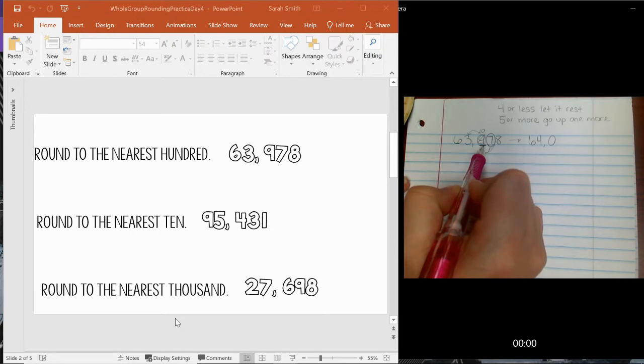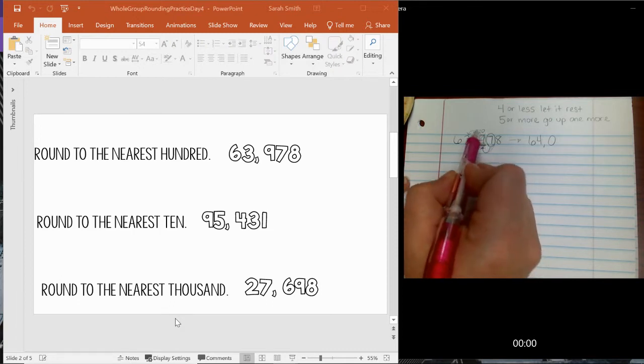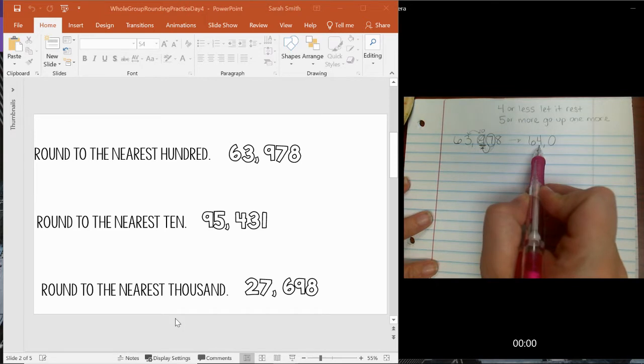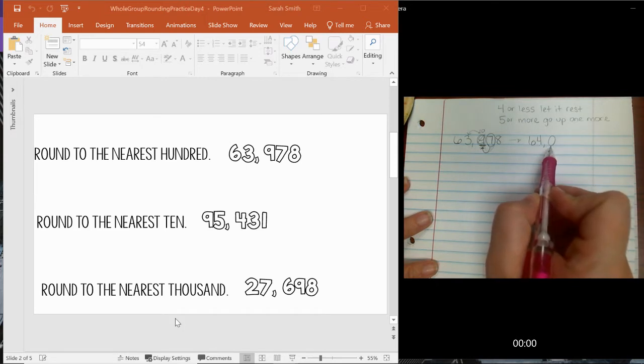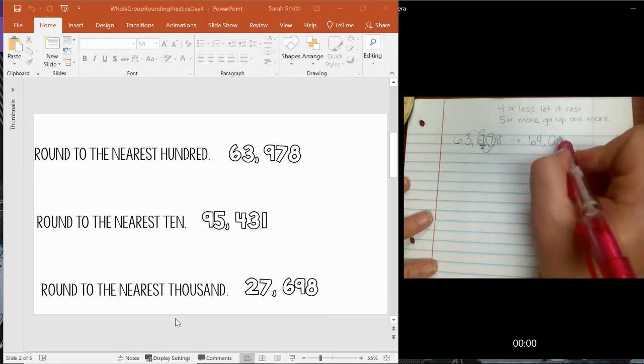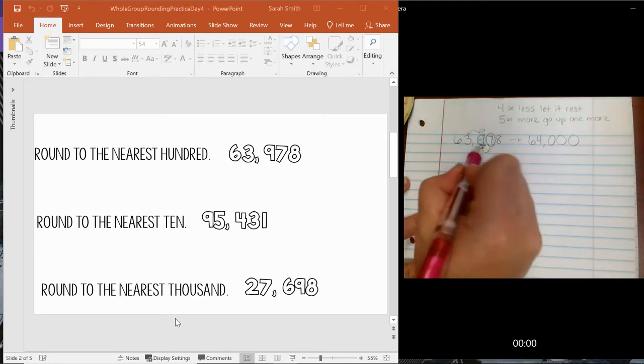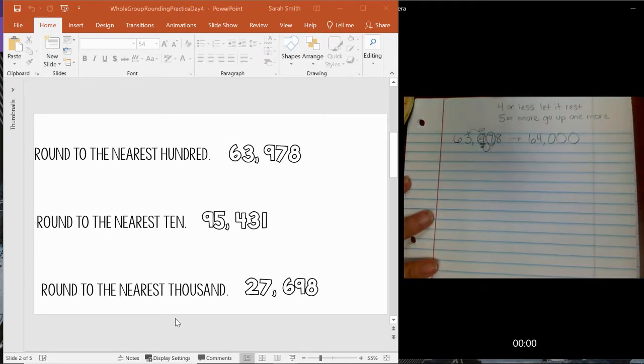What happens is that gets regrouped to the 1000s because 10 groups of 100 equals 1000. So it becomes another additional 1000. So 1000 plus 3000 is 4000. And then the hundreds place gets a 0 as a placeholder, and everything else behind the place that we're rounding becomes the big fat goose egg.